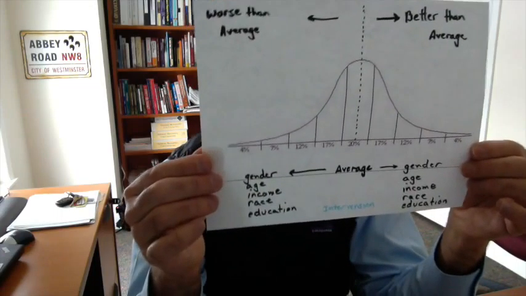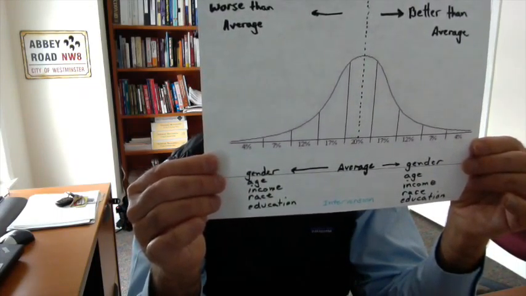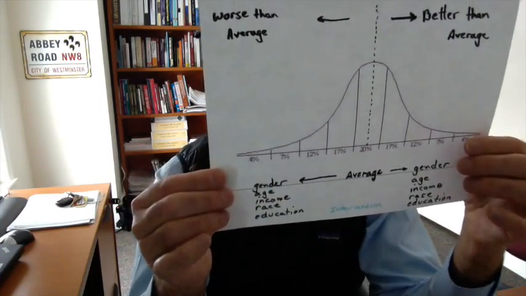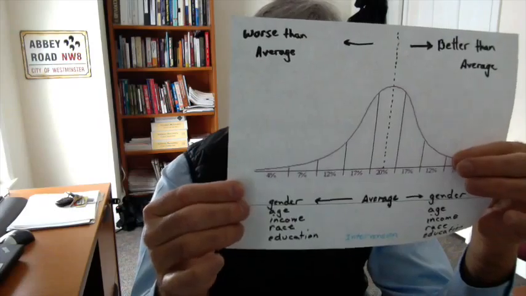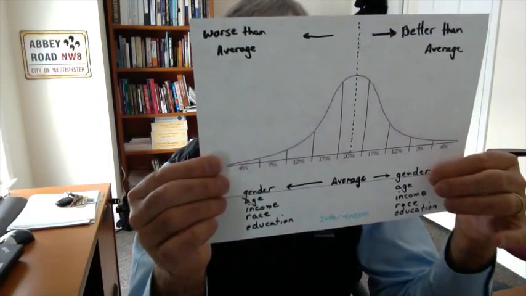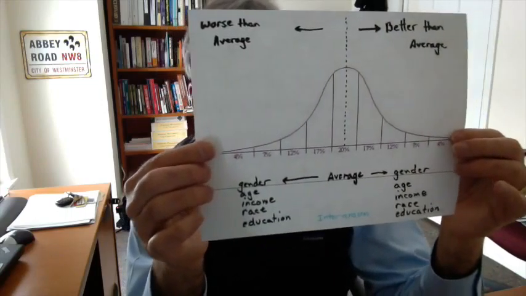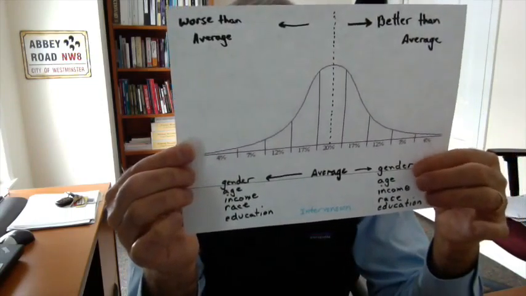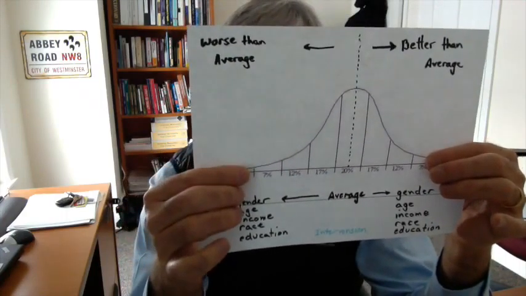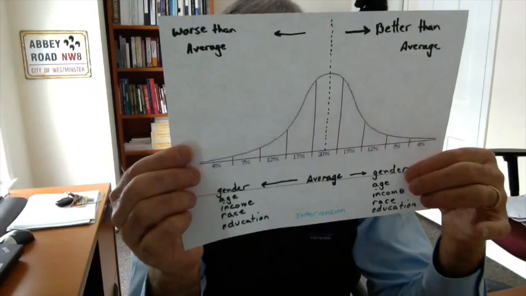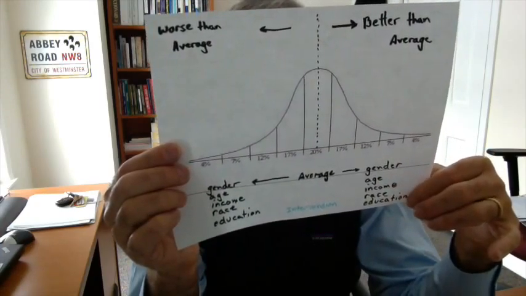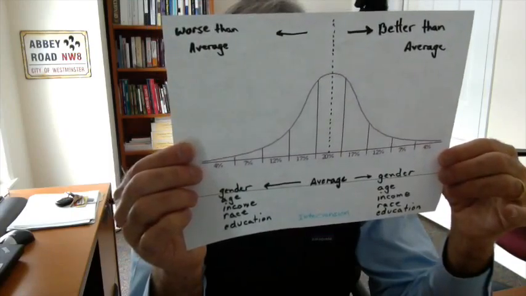And so, using statistics and computers and all sorts of tools, people start to ask, how come this person did better than average, and this person did worse than average? Is it because of other factors other than the program intervention? Could some people do better or worse because of their gender, or their age, or their income, or their race, or their educational level?